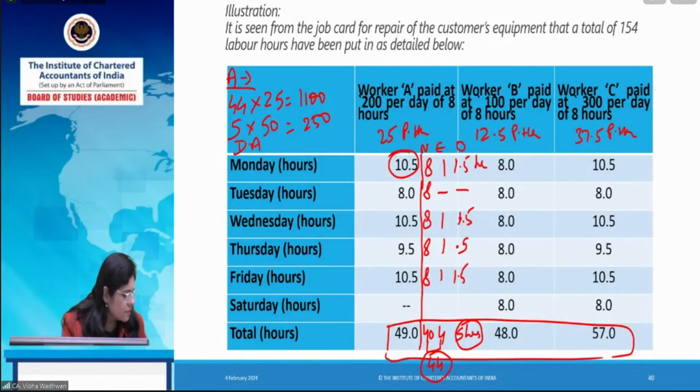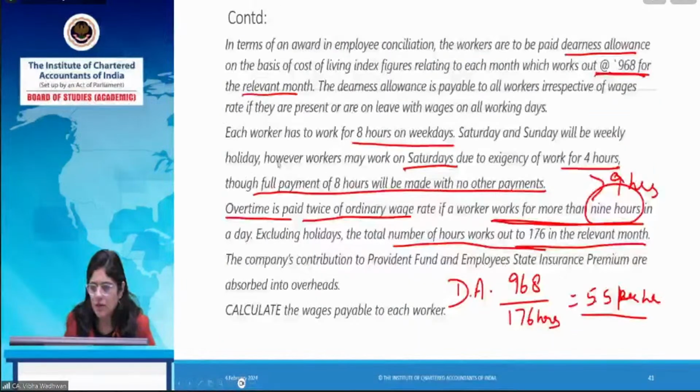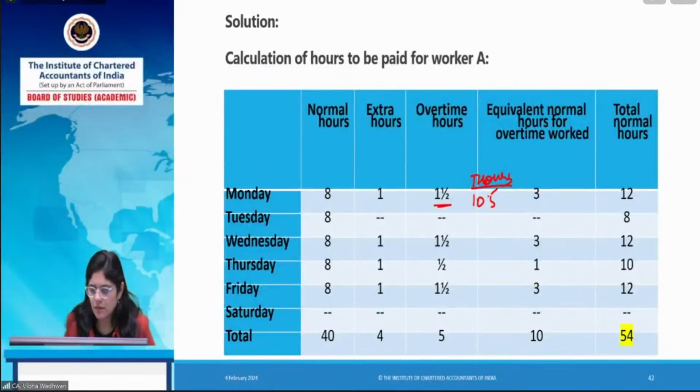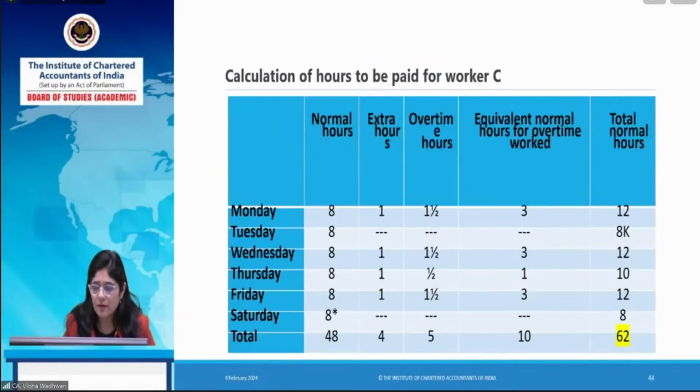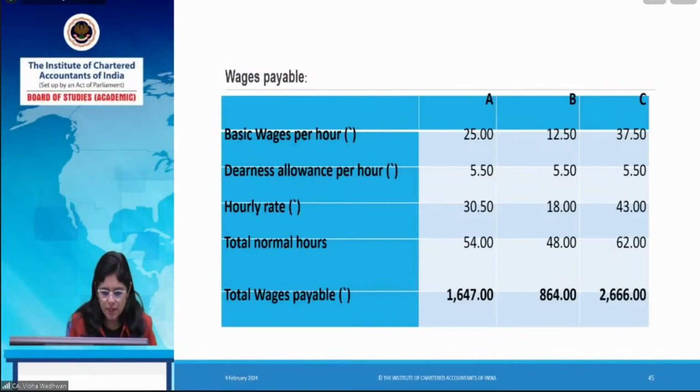So let us calculate the DA somehow. This is not working. Please calculate the amount of DA. There must be a calculation for DA. Yes, this is clear.